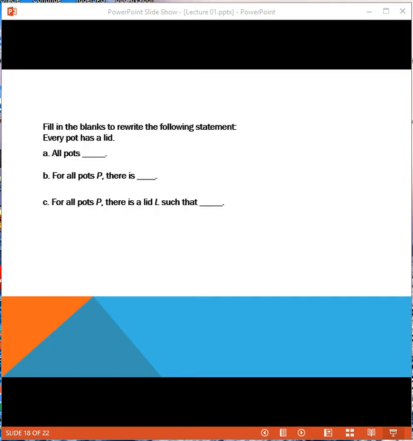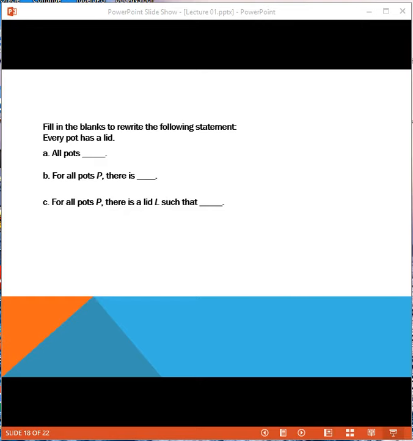But we can also look at it more like a universal existential statement. For all pots P, there is a lid for P. So not all lids fit on every pot, but there is at least one lid that does fit on a pot, and all pots have a lid that fits.